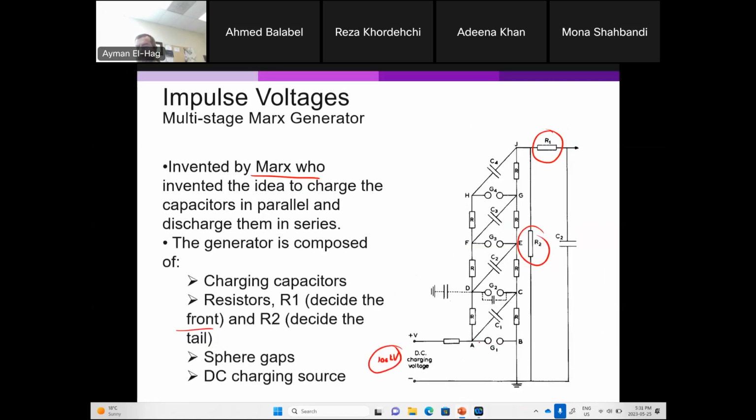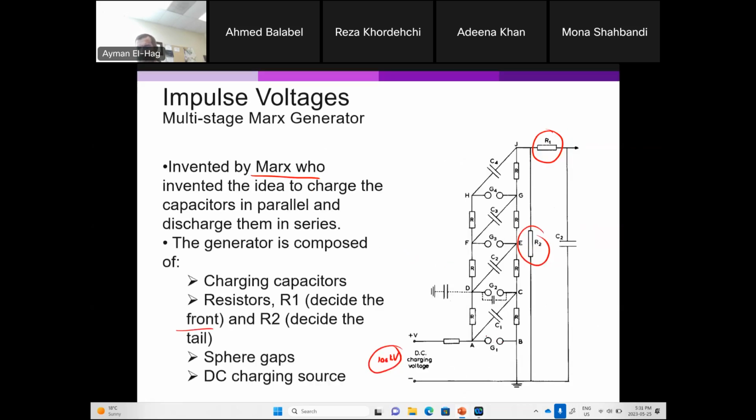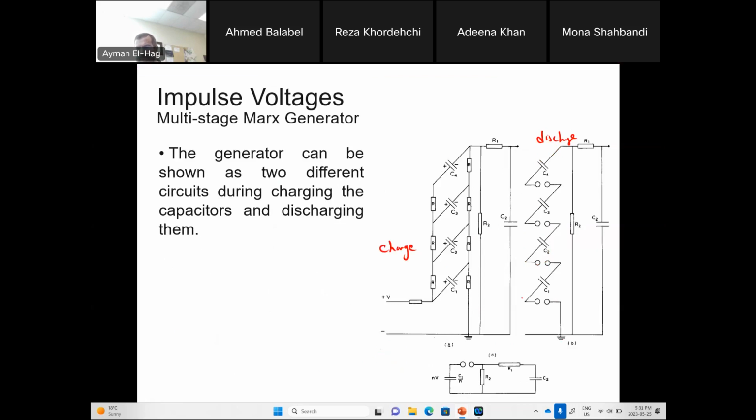Those air gaps are open circuits, so you don't see them here. Then when you discharge, those will be conducting. All of them will be conducting. The capacitors will actually be in series here. So the voltages, you just add the voltages here. And each one, whatever V you have, that's your output.